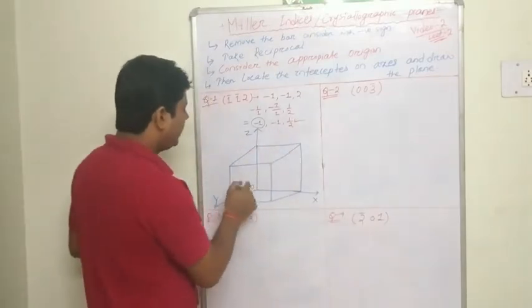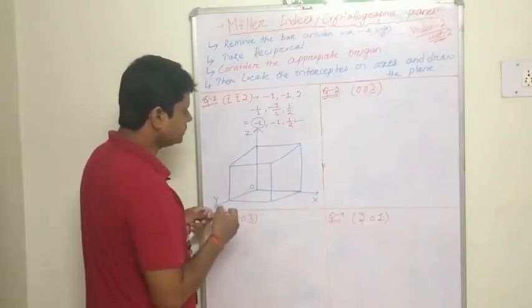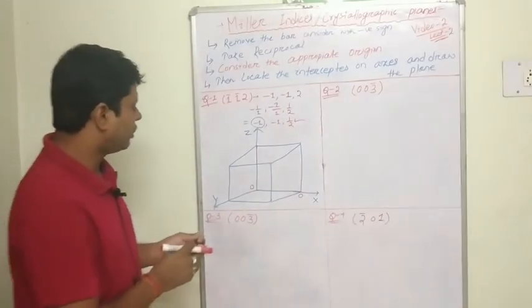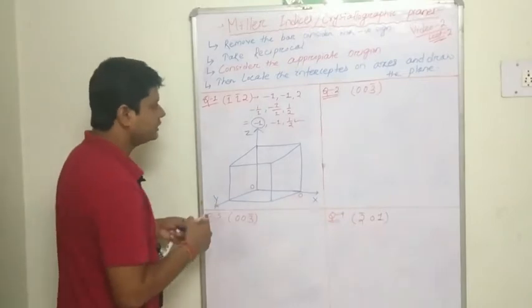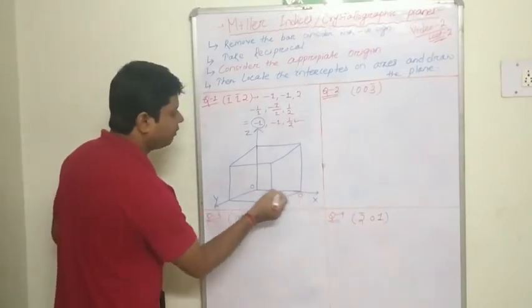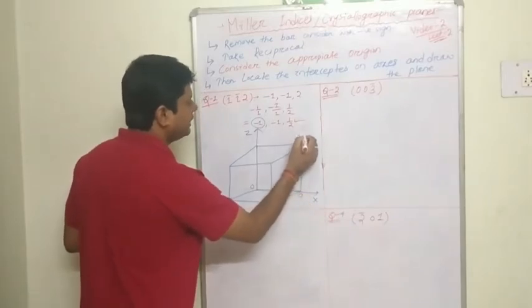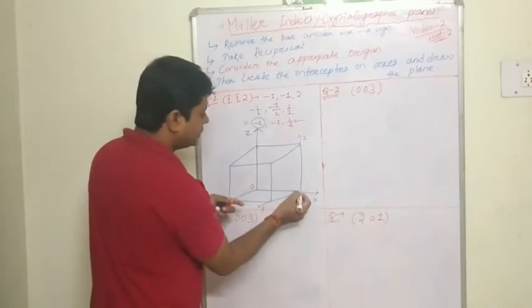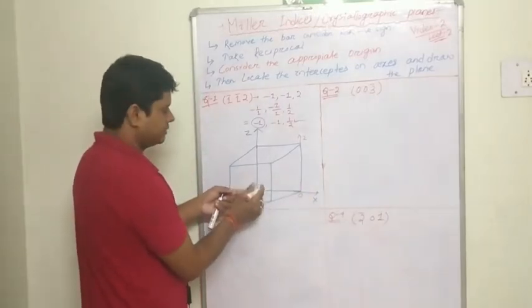Now let this origin be shifted from here to here. If I shift the origin from here to here, I can easily move 1 unit negative along the x-axis. If this is the origin, this will be z and this will be y, right? From this point I can move 1 unit negatively along the x-axis, that will be here.